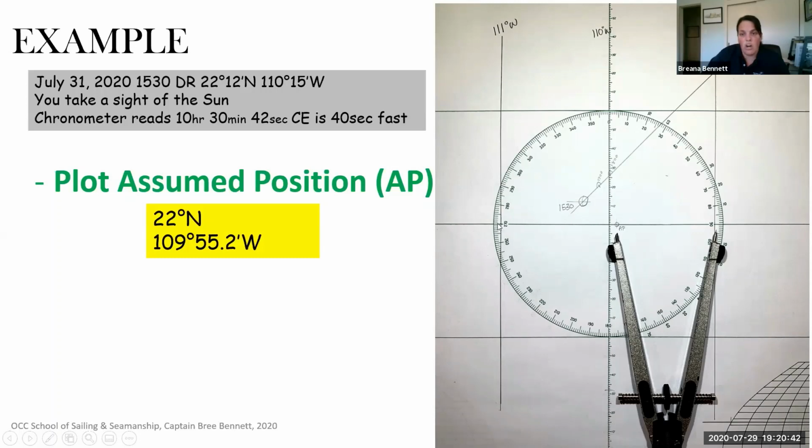So I'm going to be on a line. Every assumed latitude is on a solid line. And then your assumed longitude is the longitude so we can get LHA as a whole degree. So in this case, we were at 109 55.2. That's where my assumed position is.